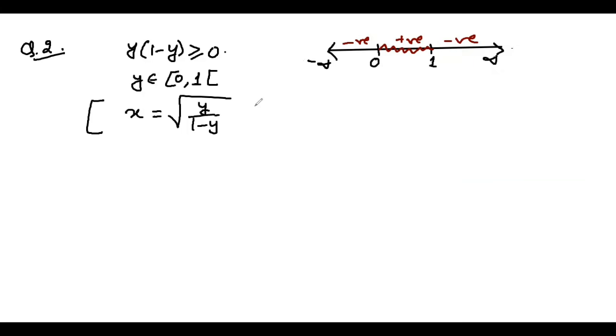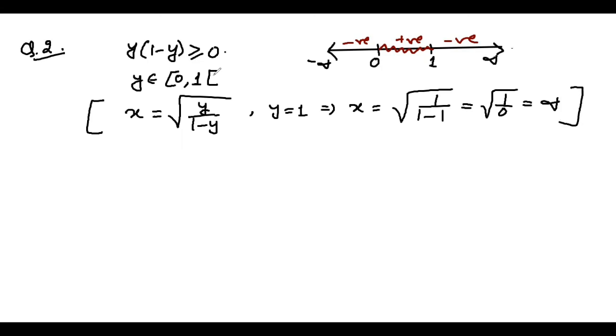So if we apply y equals 1, means if we include 1 here, the x value we will get is root over 1 by 1 minus 1, means it will be what? 1 by 0, means infinity, not a real value. So because of that, we have to exclude 1. We can't take 1 here. So I'm going to take here open interval. So y belongs to right open interval 0 to 1.